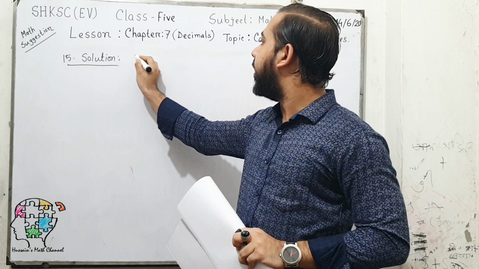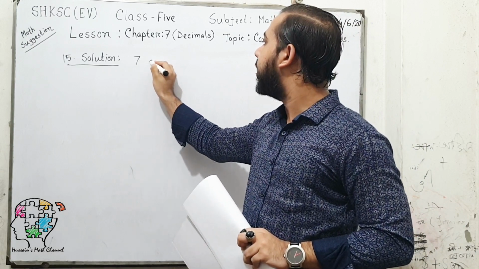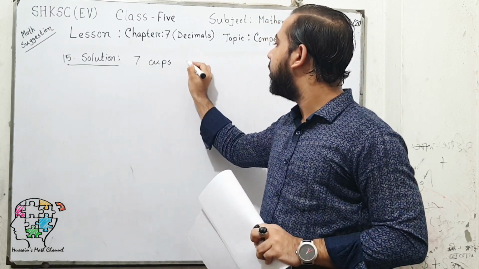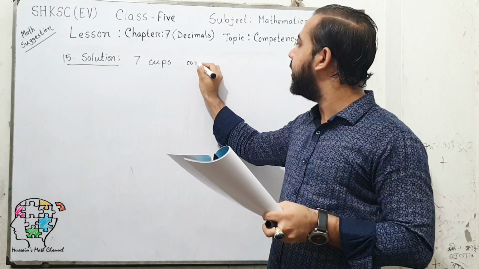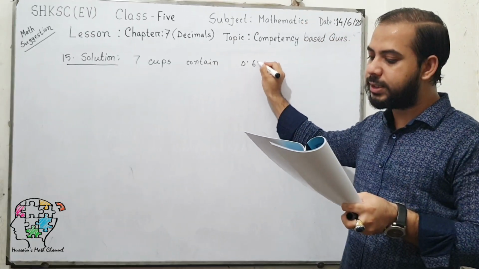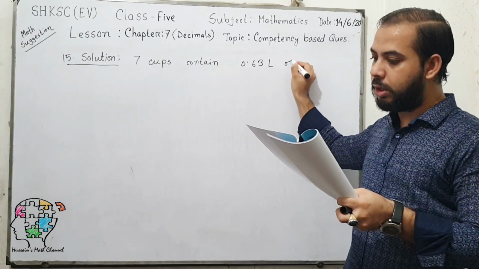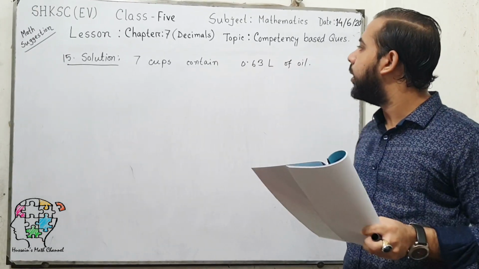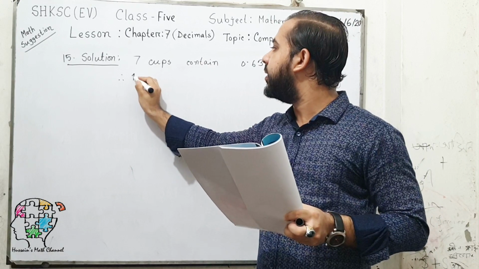So you can write 7 cups contain 0.63 liters of oil. Therefore, each cup means 1 cup.